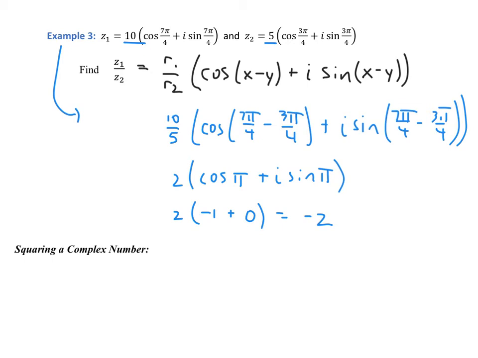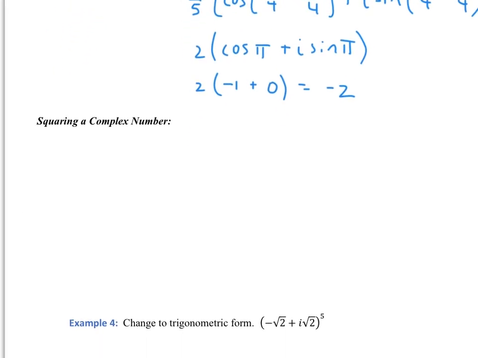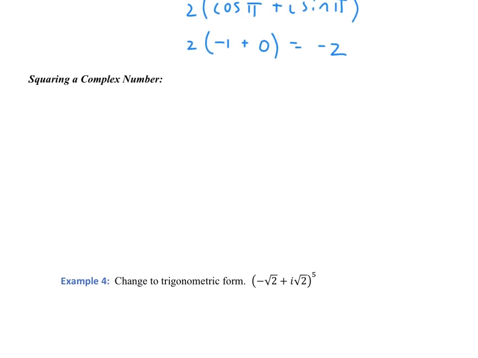Okay, so same thing. I'm going to simplify our squaring. Sorry, let me back up. Let's say that z is equal to r times cosine of theta plus I sine of theta.